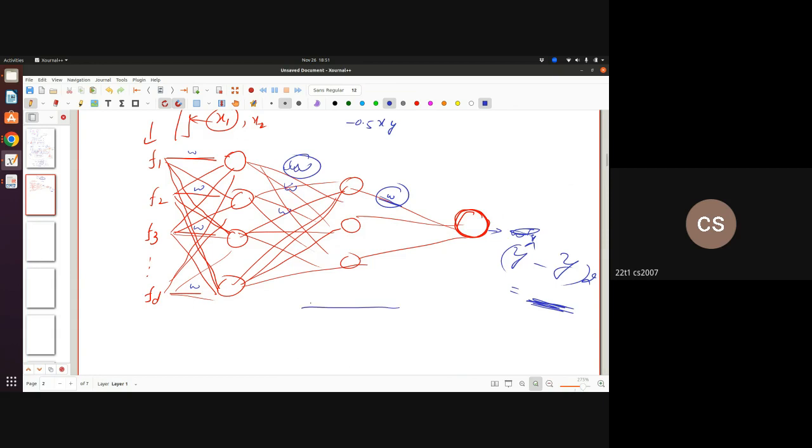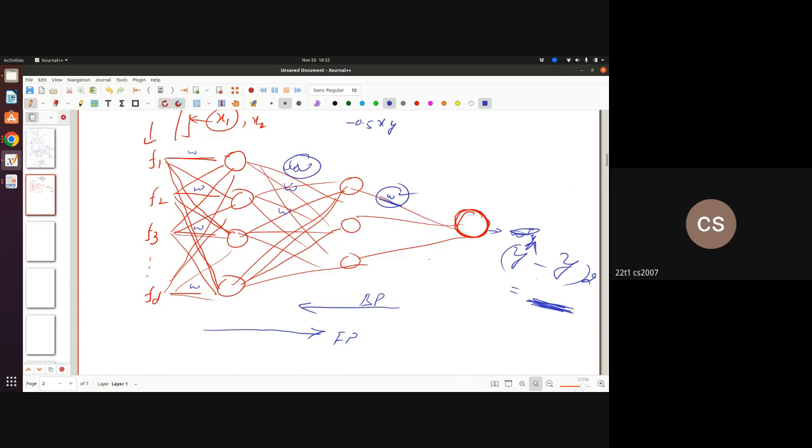That's back propagation. Then once again, we use those new weights and we have another forward pass. This is called the forward pass, this is the backward pass. In the forward pass, once again, we'll get a new value. This y hat will be an updated value. Then once again we'll see how much change we should make in W to reduce this, right?